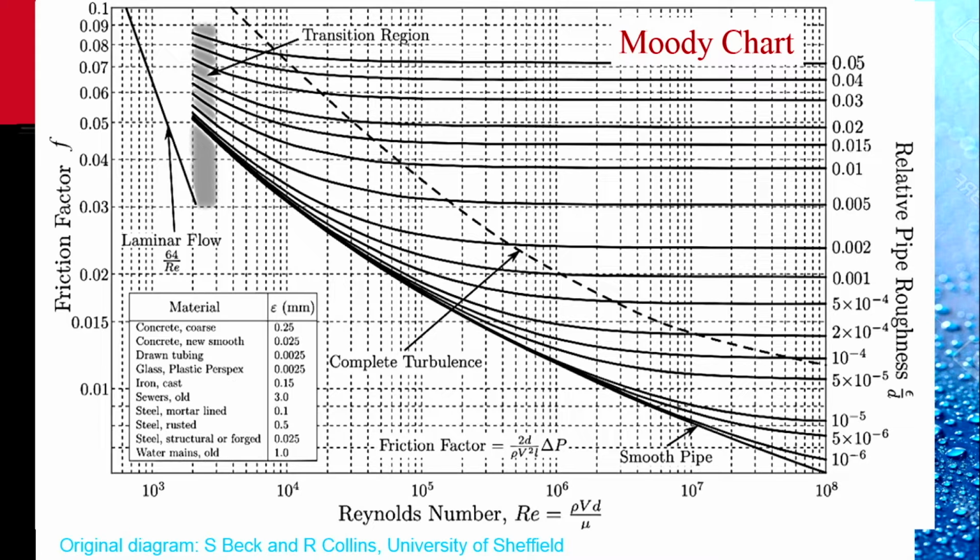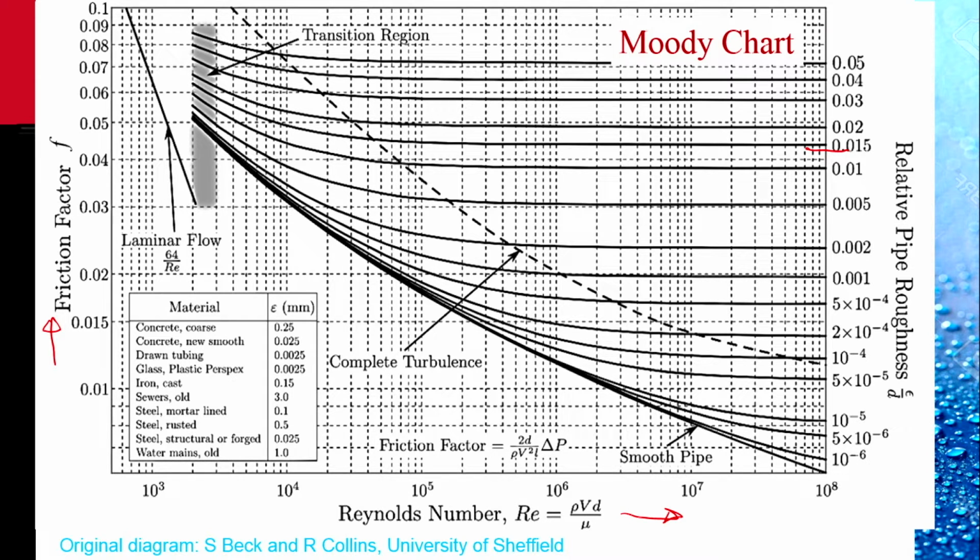The resulting curve is known as the Moody chart. In this Moody chart, we have different lines, each line representing a relative roughness parameter. And then there is Reynolds number along this axis and the friction factor f along this axis.